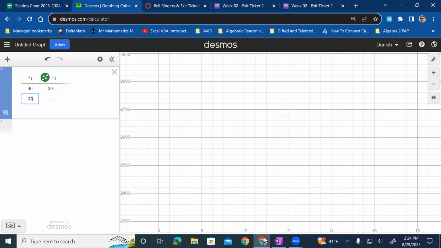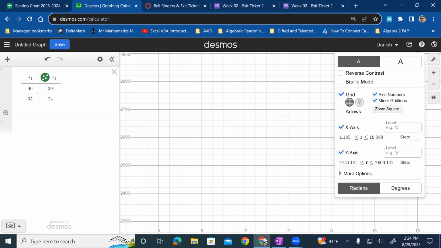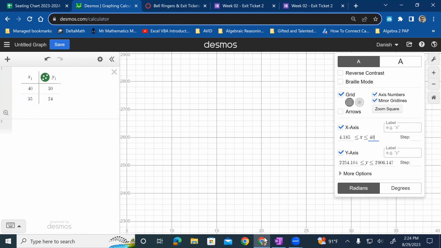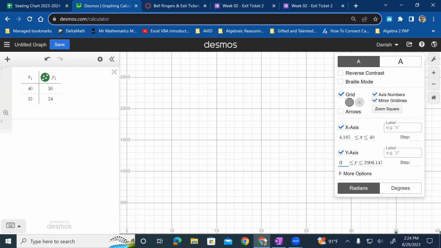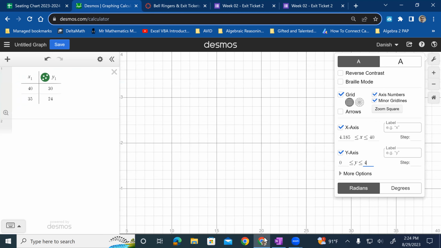For 35, it's 24. Do you remember how we brought the points into view by changing the scale? I will do the same thing over here. From 19, I'm going to bring the x to somewhere like 40, and the y from 0 up to 40 again.